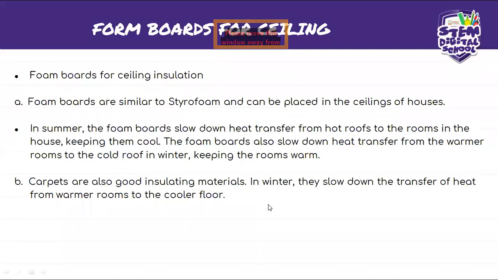The carpet is beautifying the house, but at the end of the day, it is also playing a good role. Without a carpet in winter, the floor is very cold. But some of the carpets keep your floor a bit warm, so you don't even notice it.